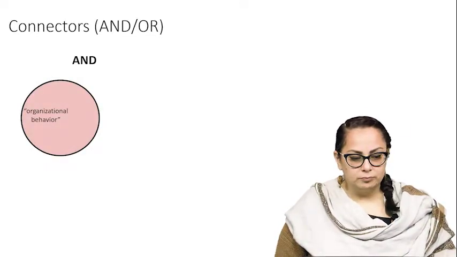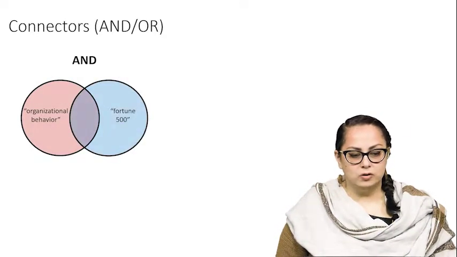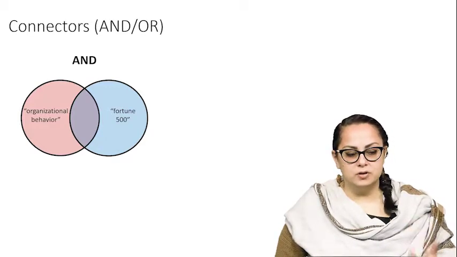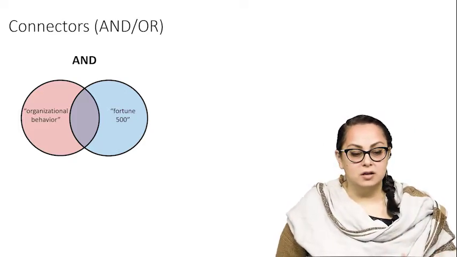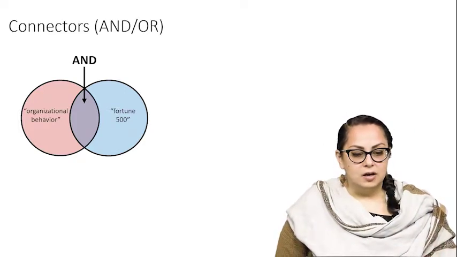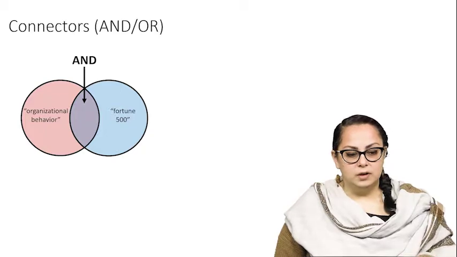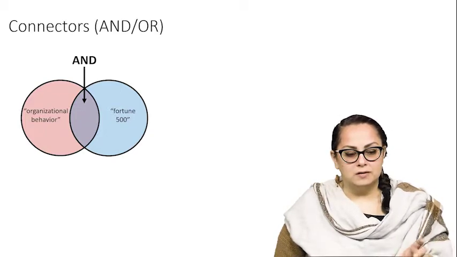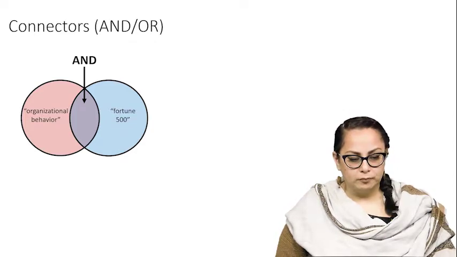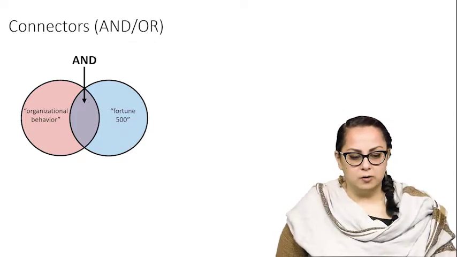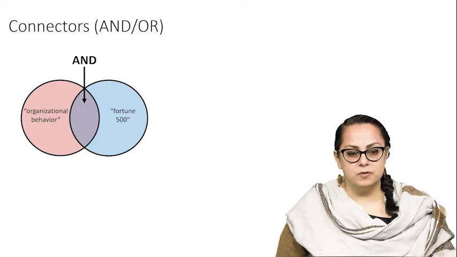In this case, we want to look for articles that have both the terms organizational behavior and Fortune 500 in the text. If we look at this Venn diagram, it's going to bring us results that fit right into the middle part, the purple part of this Venn diagram. So articles that have both of those terms.